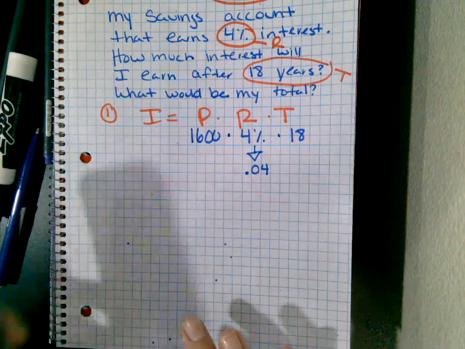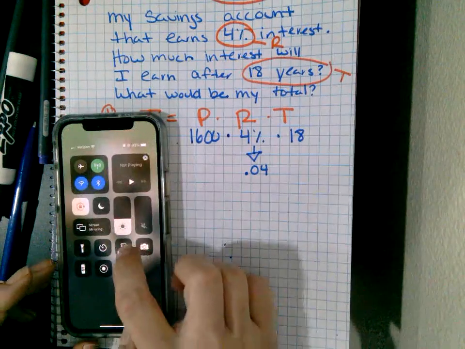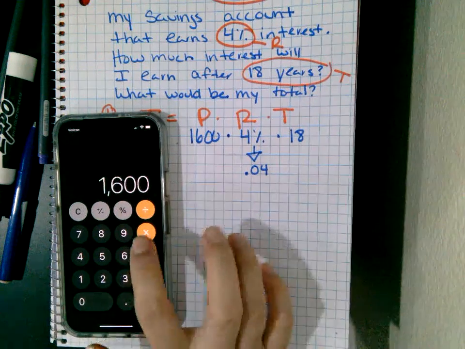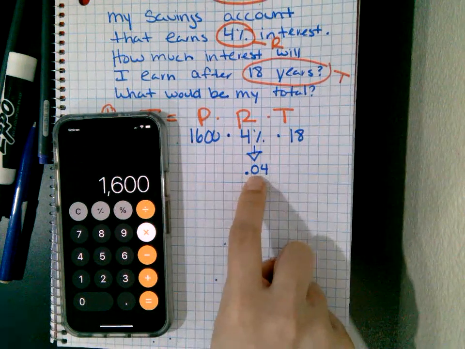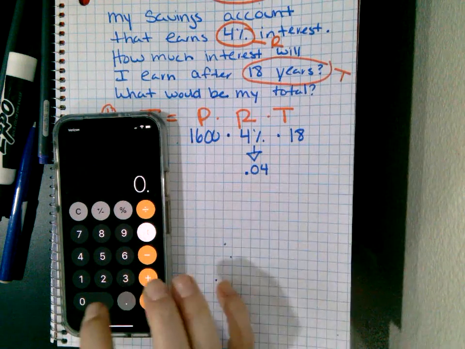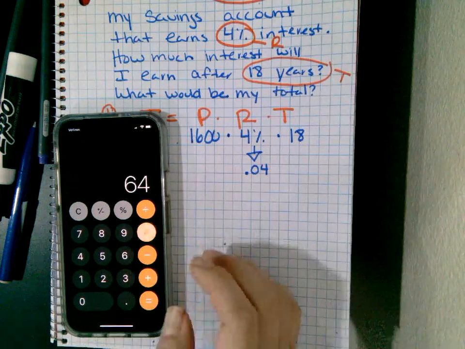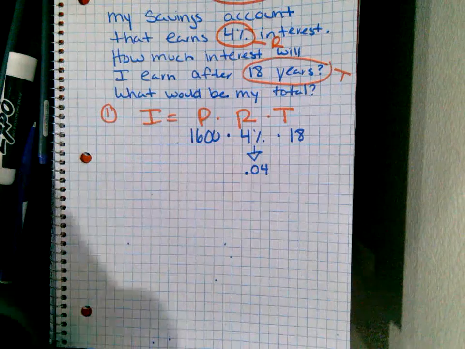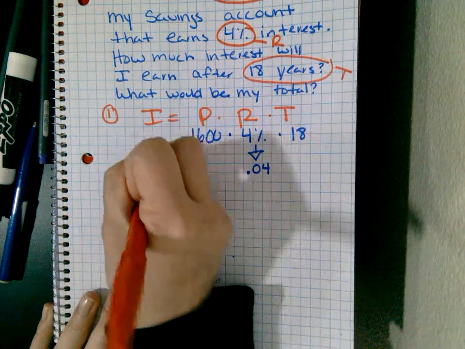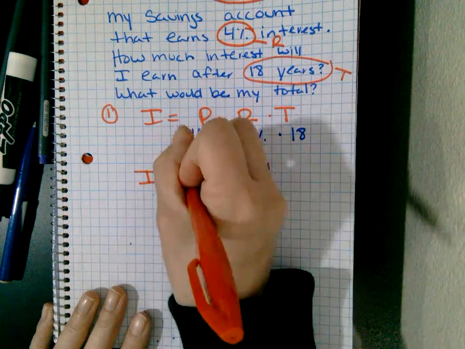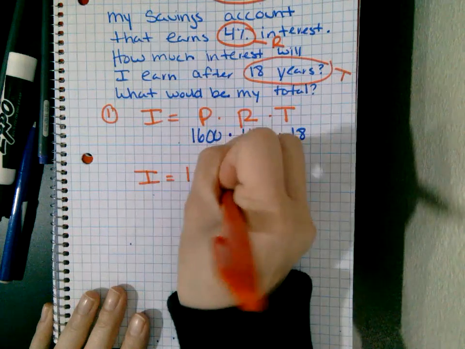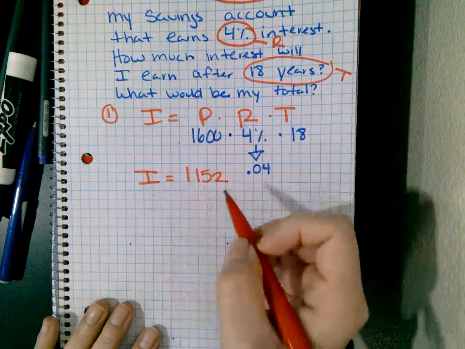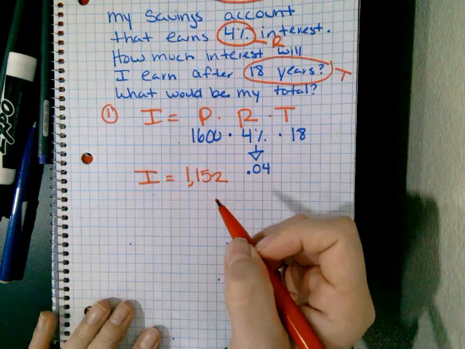So grab your calculators, your phone, your iPad, whatever. Type in 1,600 times 0.04 times 18. The answer you get on your calculator is called your interest. Okay, so 1,152 is your interest.